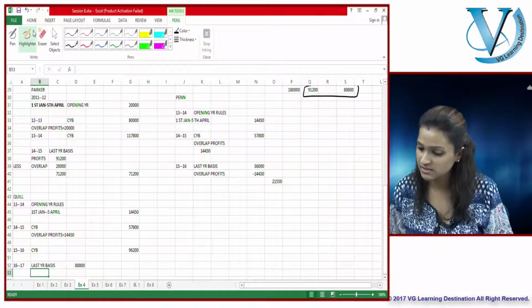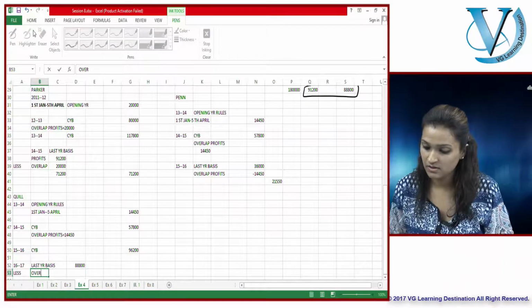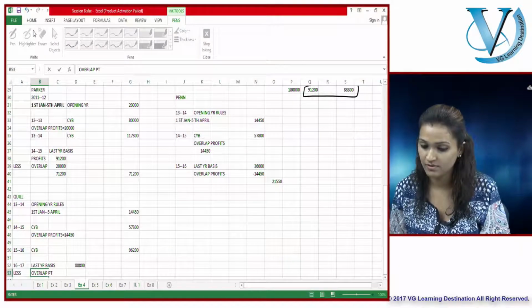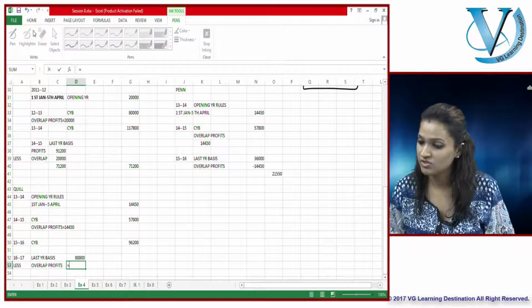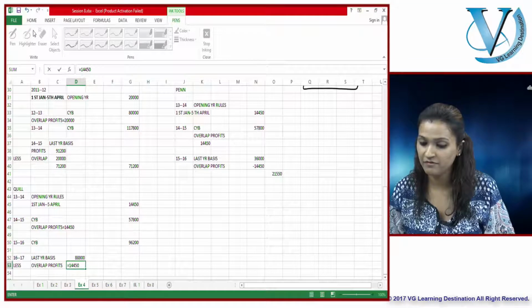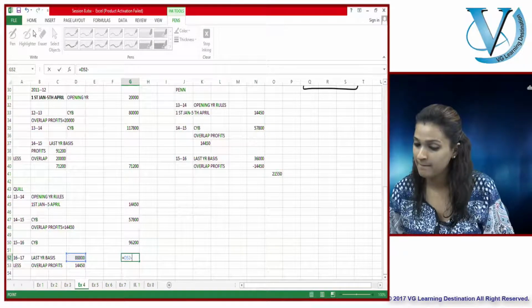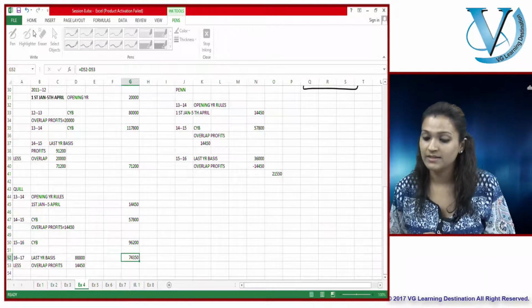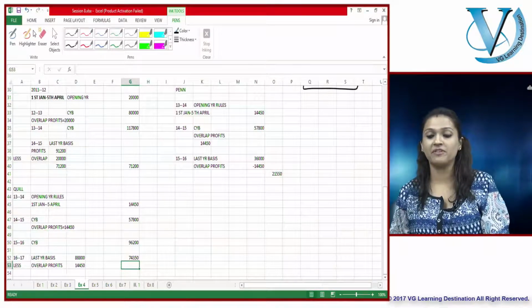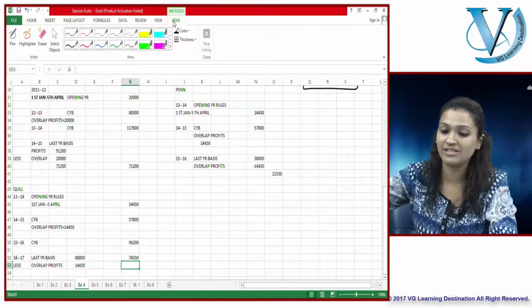You reduce overlap profits, which is equals to 14,450, which results into a total taxable profits of how much? Taxable profits of 74,350 pounds for Quill. So very simply, let's run through the question again.